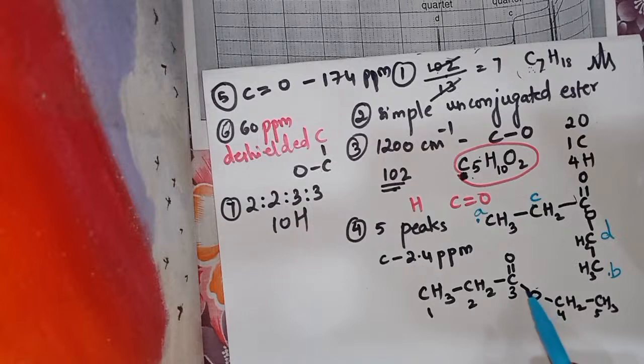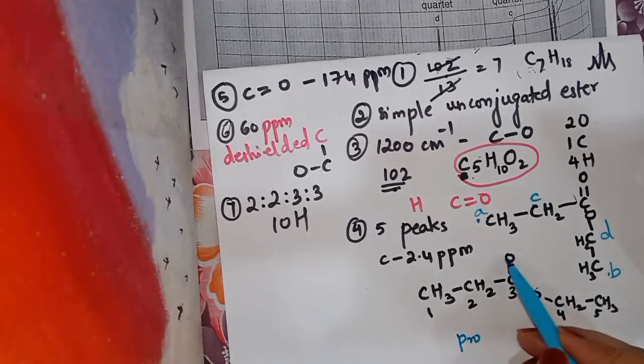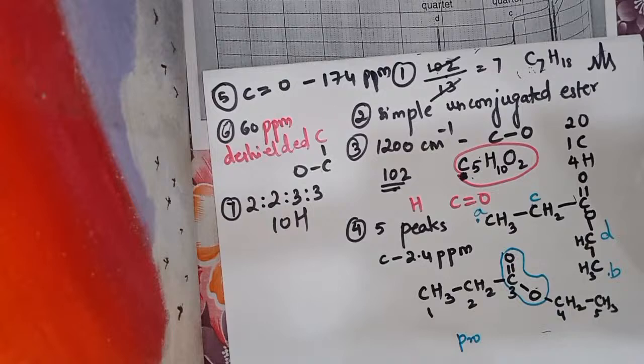A single bonded O is in between. So it is propanoate. The whole thing is propanoate, and this is the ethyl group attached to this. So it is ethyl propanoate.